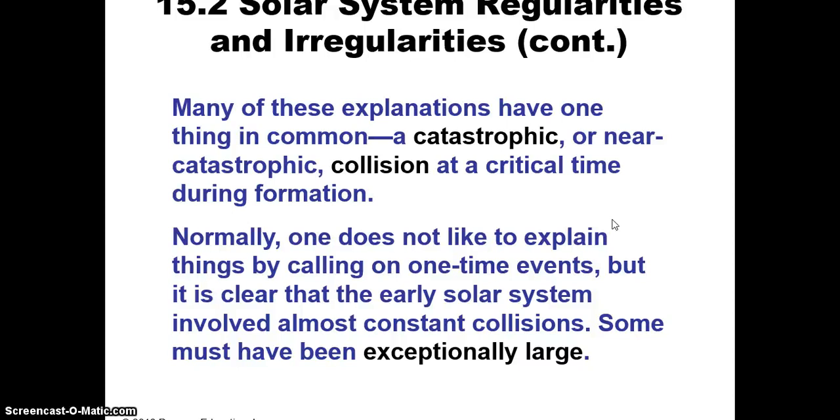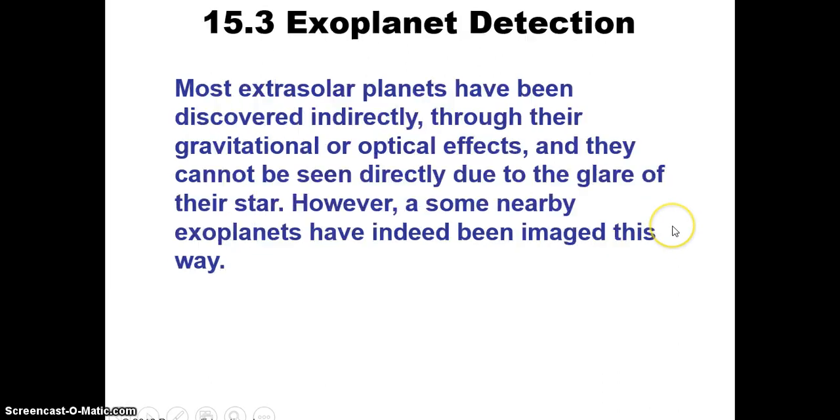Like a gigantic collision. However, as time goes on, more and more evidence shows that's in fact the case with some of these irregularities that we find certainly within our solar system. So a lot of this stuff can be explained through very large scale collisions.